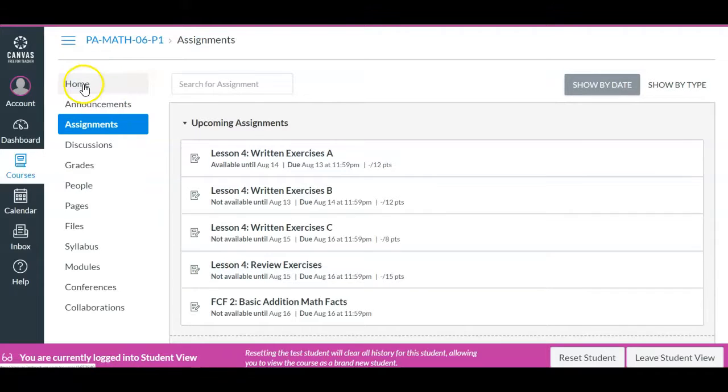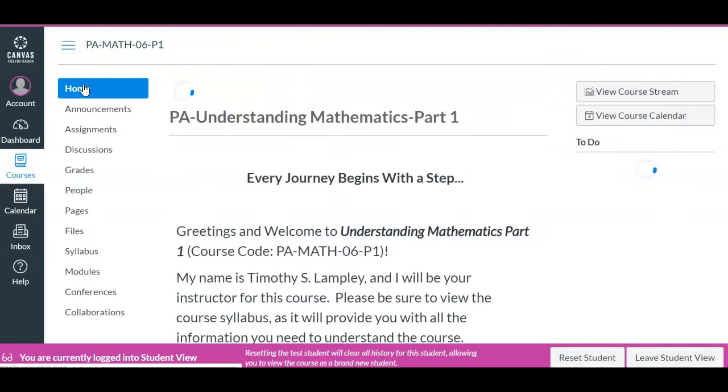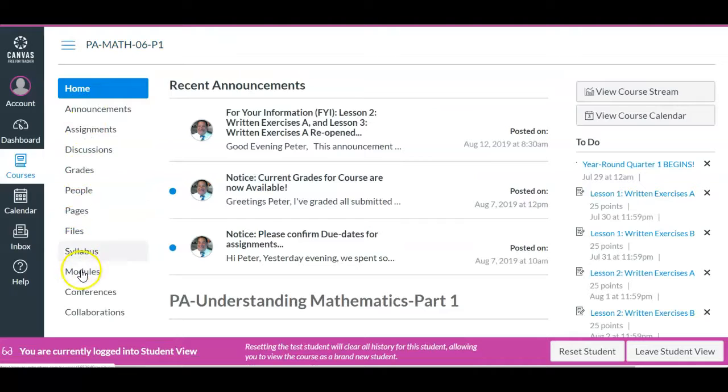So you're always going to want to go, just quick review, home. Then you're going to want to go check your announcements, if any. If you don't see any announcements, then what you're going to want to do is refer to the weekly lesson plan that Mom puts out for you. I do have notes there as far as what's to be done in a particular subject on a particular day.